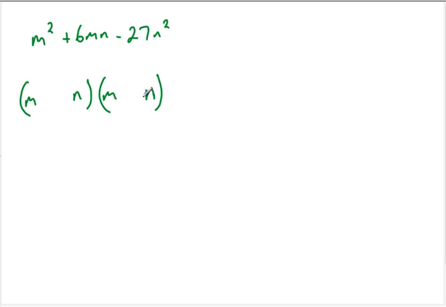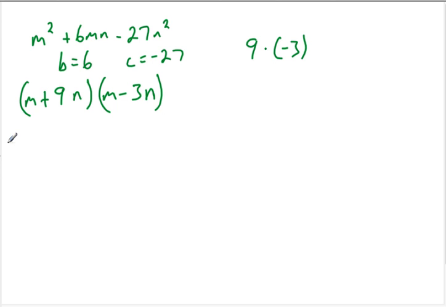There's going to be an n and an n. So we can essentially forget about the n squared and just know that b equals 6 and c equals negative 27. Okay, the m and the n kind of have to be in their places here. So factors of 27, 9 and 3 come to mind. So 9 times negative 3 will work just fine. So we write plus 9n and minus 3n.